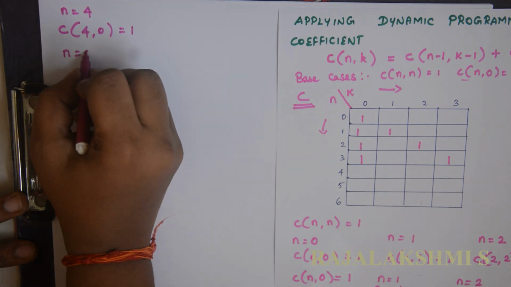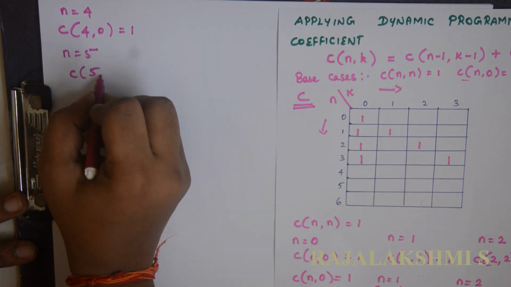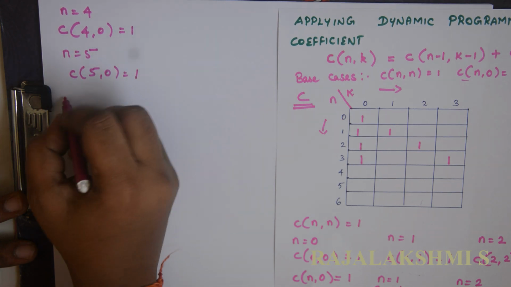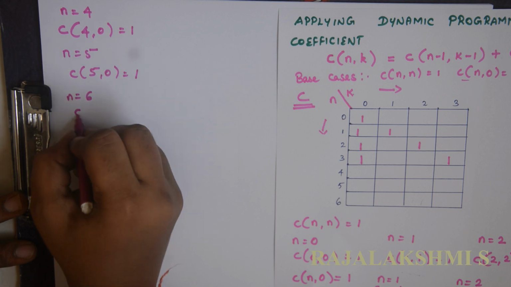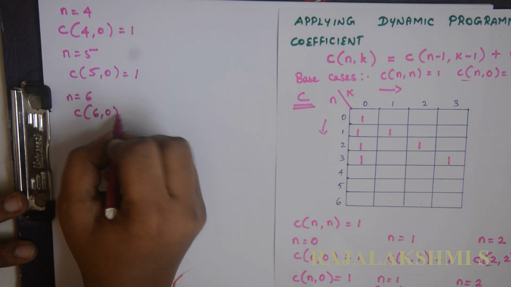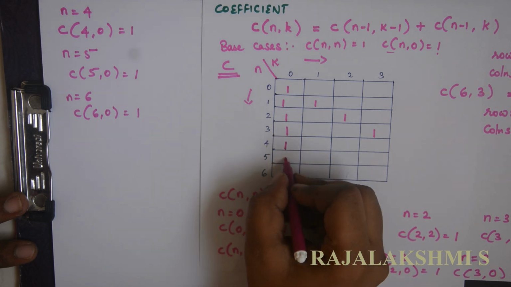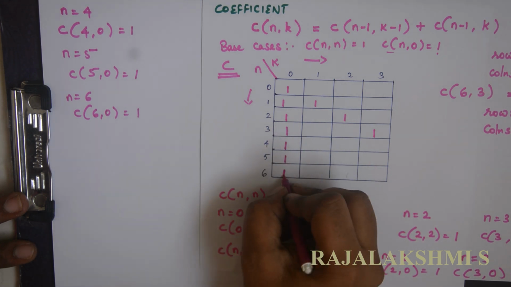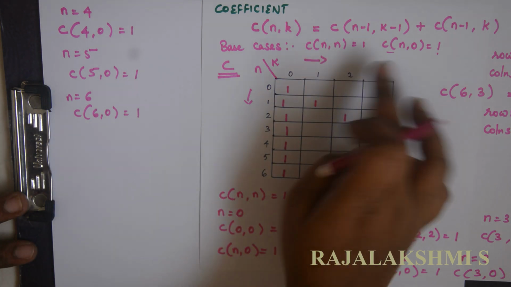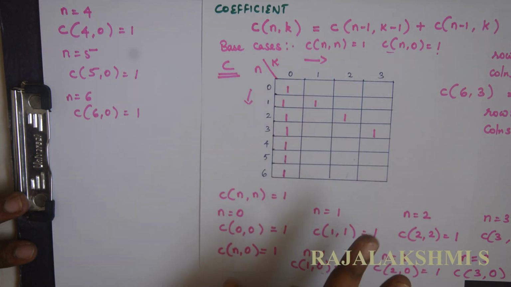When n is 5, C(5, 0) is 1. When n is 6, C(6, 0) is 1. So first, using the base cases, we filled the table.